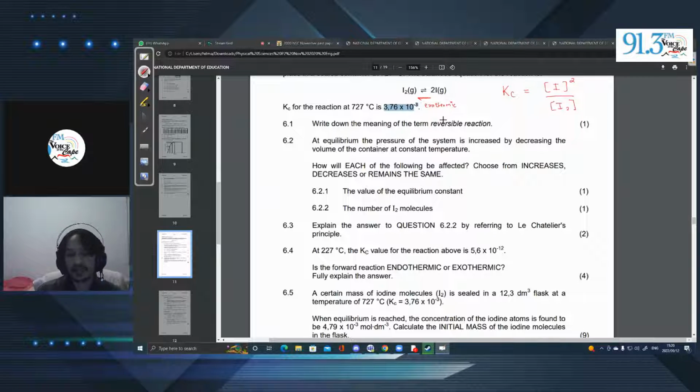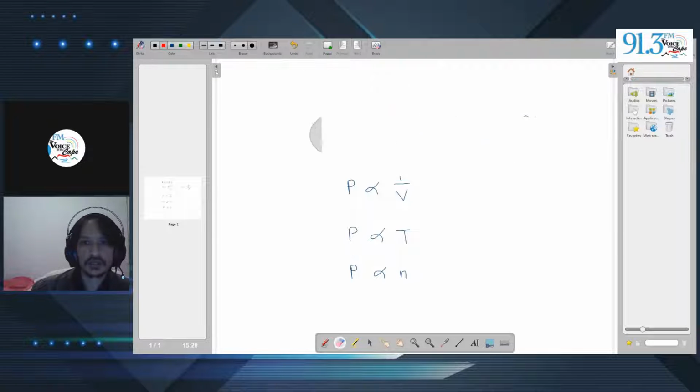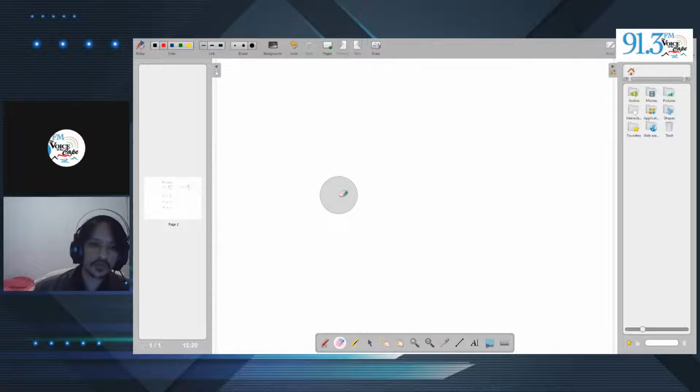The reason I say that is because in an exothermic reaction, energy is being released. We can think of energy as a product. You can also think of it in those terms. Heat is a product, right?